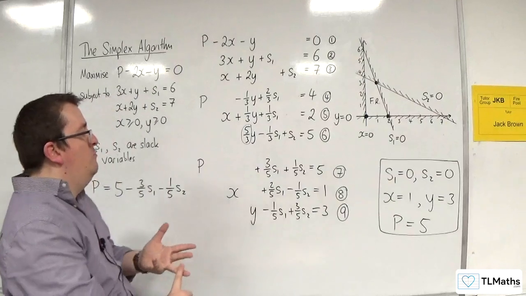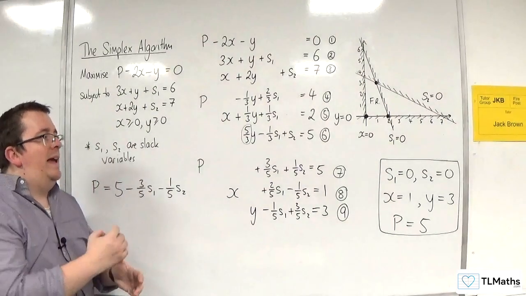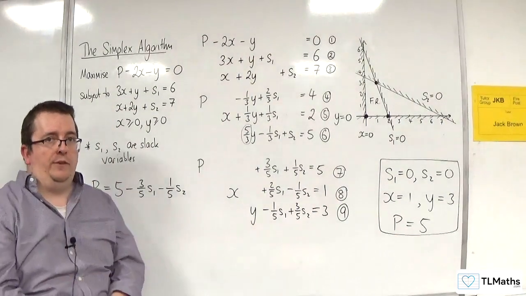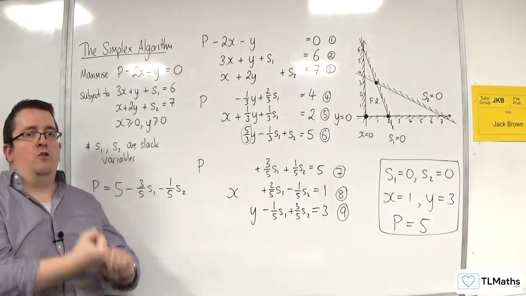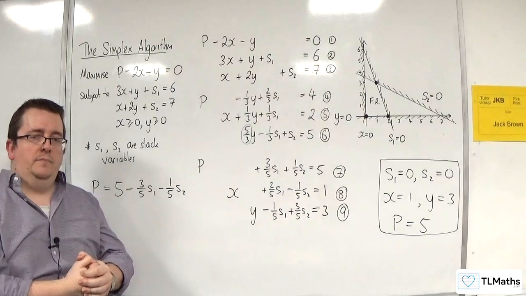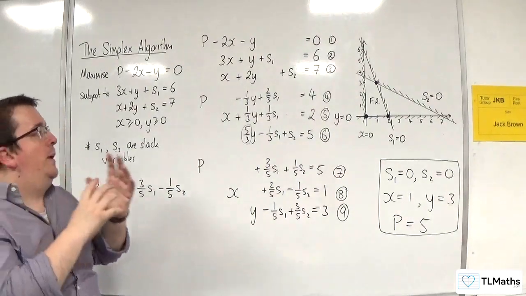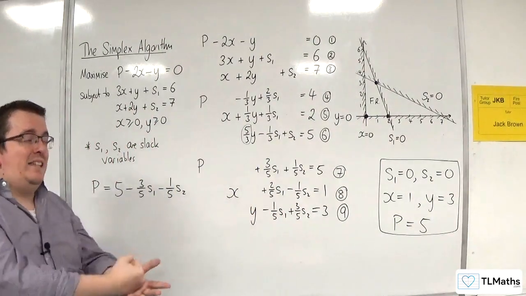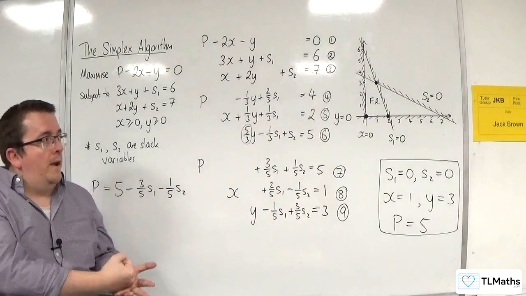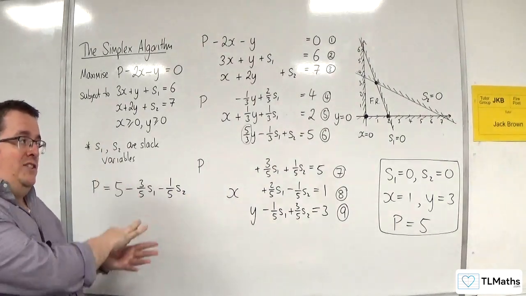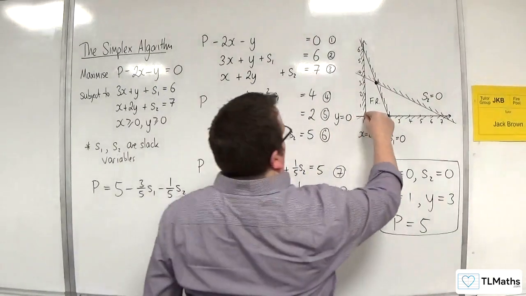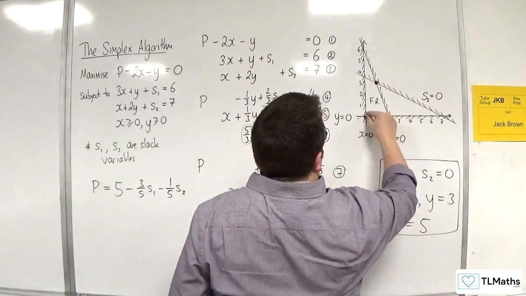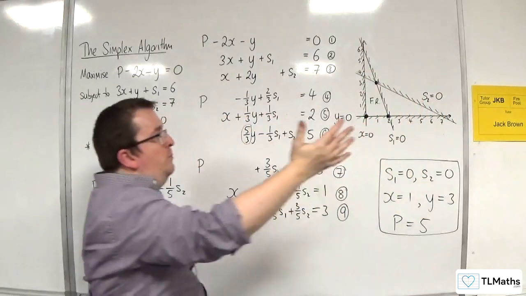The X and Y, remember, are basic. The S1 and S2 are non-basic at that point. This is what the simplex algorithm is doing. You start off from 0, 0. It has to start at 0, 0. The simplex algorithm has to start there, and then it moves along either in that direction or that direction, depending on your feasible region.